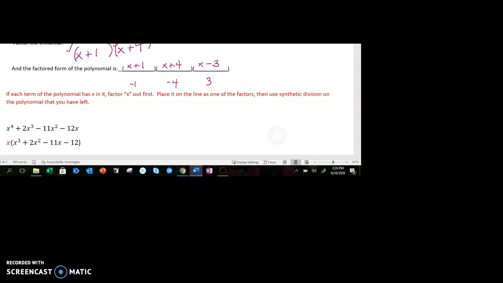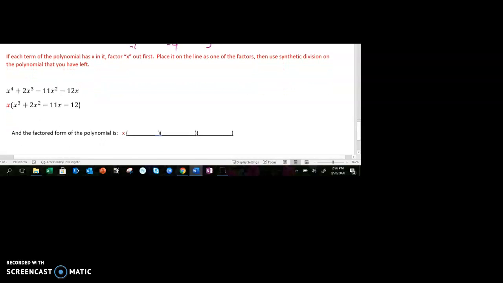Just saying. All right, if each term of the polynomial has an x in it, make sure you factor the x out first. In other words, always factor out a GCF first. Place it on the line as one of the factors, and then use synthetic division on the polynomial that you have left. So in other words, in this polynomial, each term has an x in it.